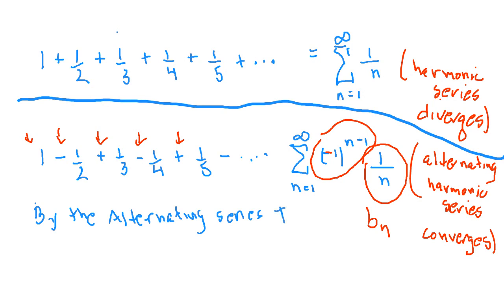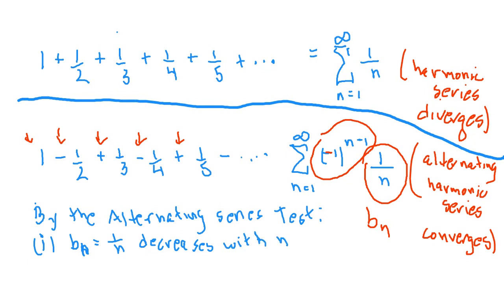that's right, Clay. Both conditions need to be satisfied. Condition one is satisfied because the b sub n, which is 1 over n, decreases with n. So check on that.